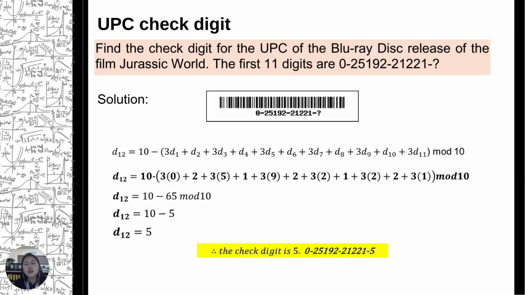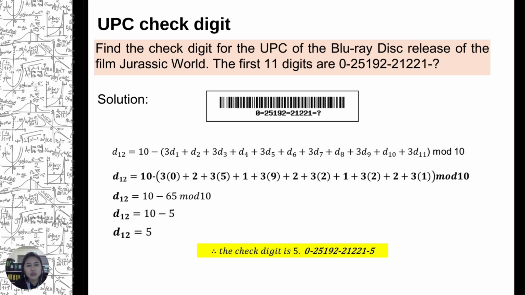Next, how about if we have this kind of problem using the UPC? Find the check digit for the UPC of the Blu-ray disc release of the film Jurassic World, and the first 11 digits are 0-25192-21221-unknown.